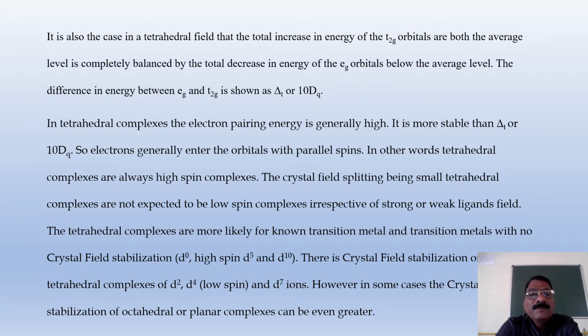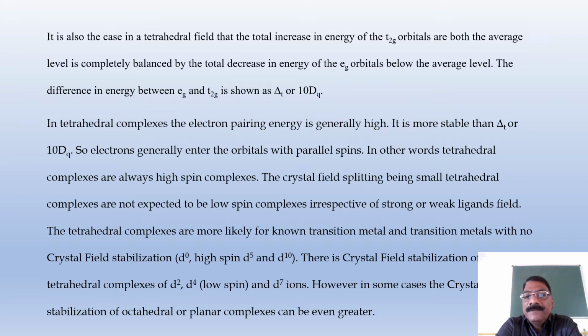Tetrahedral complexes are not expected to be low spin complexes. Irrespective of strong or weak ligand field, tetrahedral complexes are more likely for non-transition metals and transition metals with no crystal field stabilization: d0, d5 and d10.